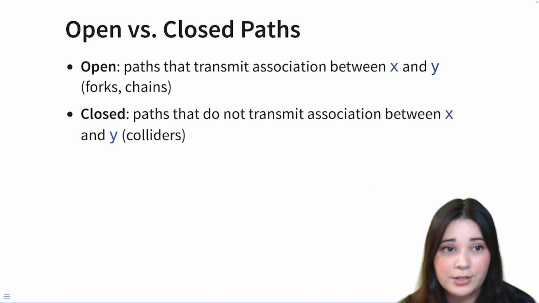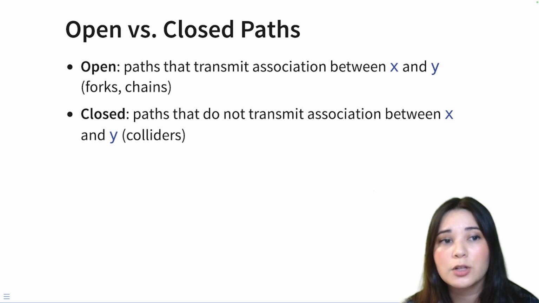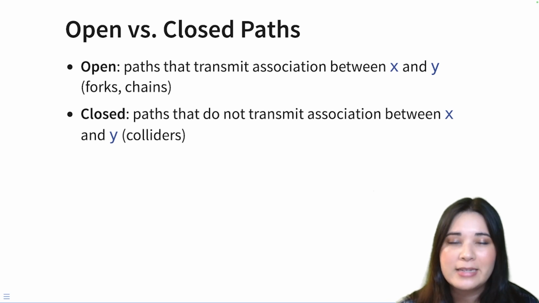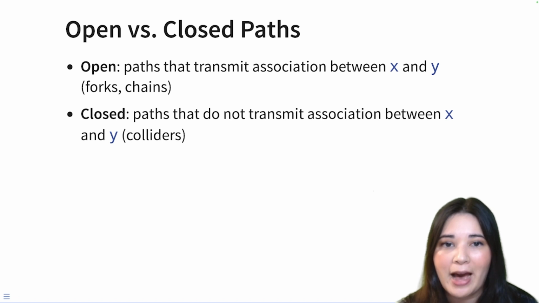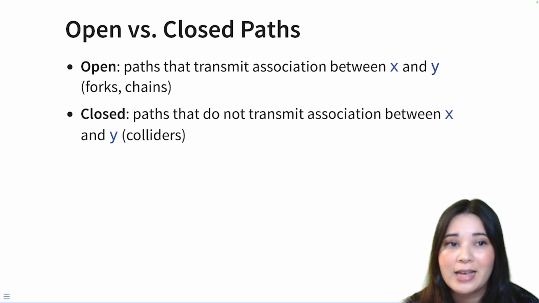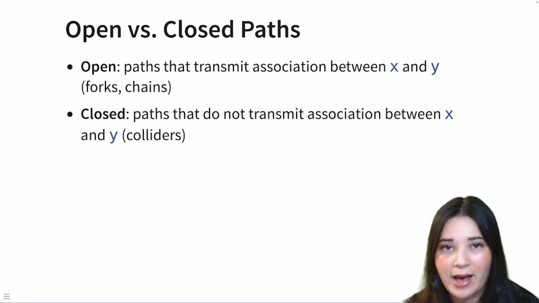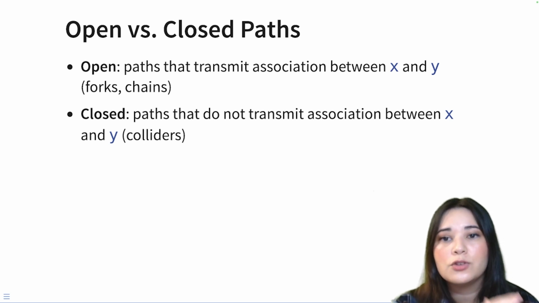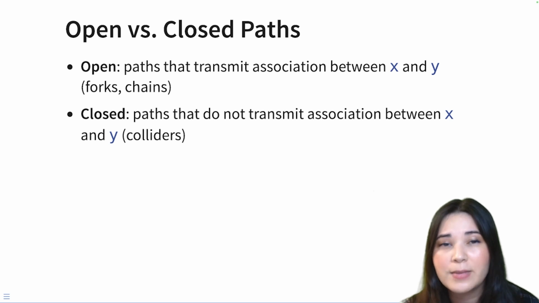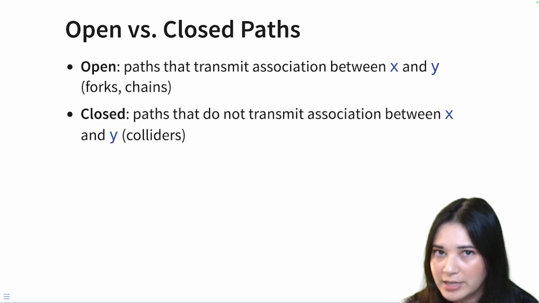Some terminology that's really important when it comes to analyzing DAGs is open versus closed paths. In a DAG, an open path is a path that transmits association between two variables X and Y. Both forks and chains are open paths. They allow association to travel across those paths, making X and Y look associated.